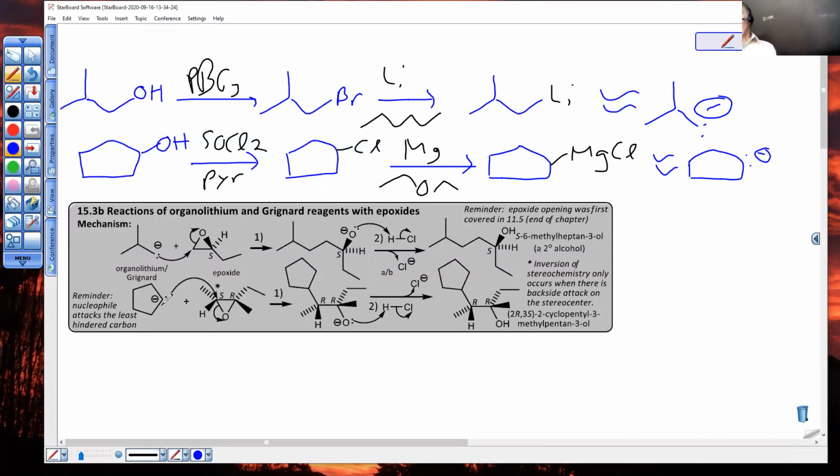So let's look at another thing that organolithium and Grignard reagents can do, and that is they can act like a nucleophile reacting with an epoxide. Remember, epoxides are made from alkenes.